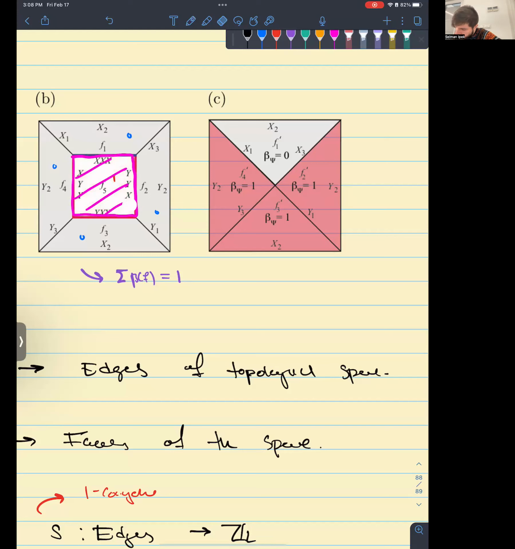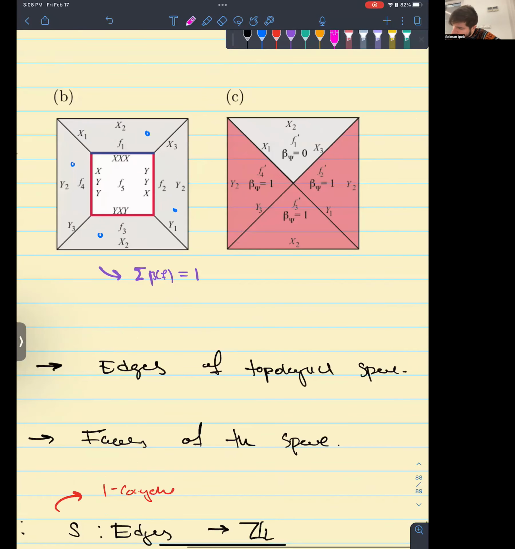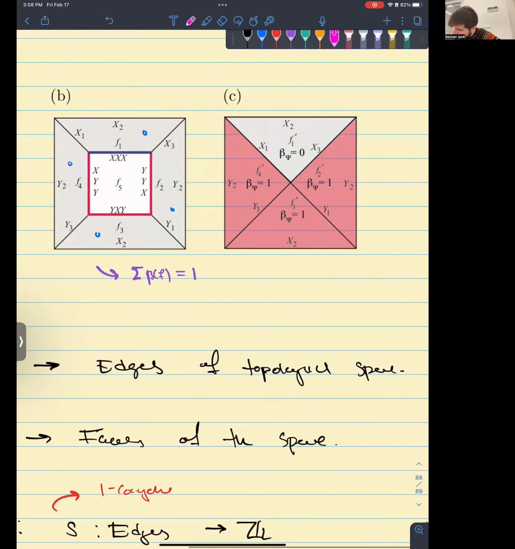So if I go back here, you look at the eigenvalues of XXX, you pick a particular state. In this case, we could look at, for example, the GHZ state that I defined above. The eigenvalue of XXX on GHZ is 1. On this one, it's the other way around: 0, 1, 1, 1.